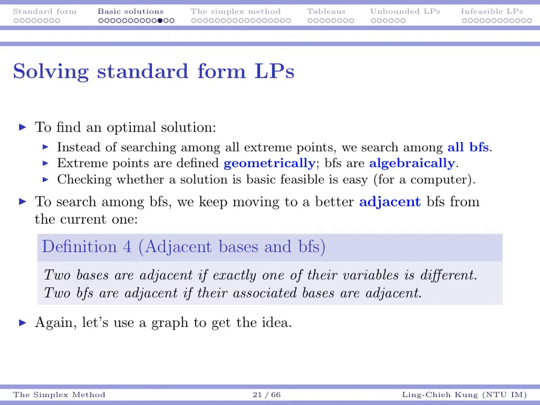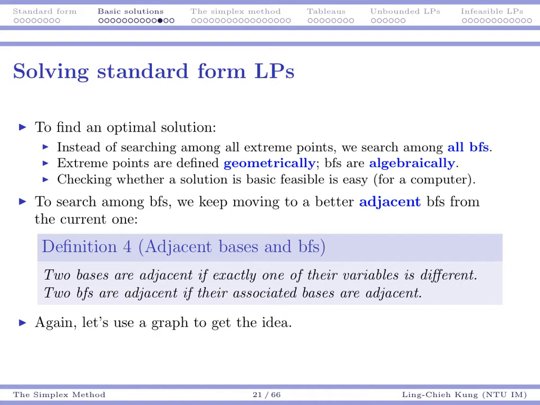Obviously, we don't want to enumerate all the basic feasible solutions, because n choose m can be too large. So we want to search among them. That means if I give you a basic feasible solution, you want to move to an adjacent basic feasible solution that is better.